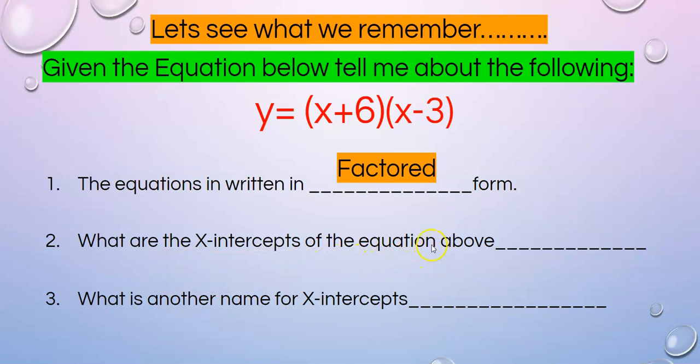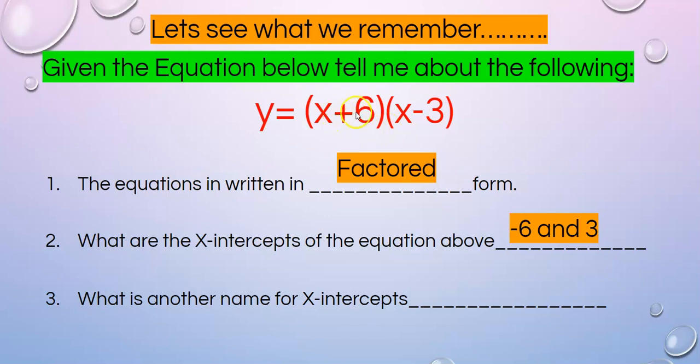All right, yesterday we learned that if an equation is written in factored form, then we can very easily identify the x-intercepts. So if I look at this equation, I can very easily notice that my x-intercepts are -6 and 3. Basically, if I were to graph this, this is where this quadratic function would cross the x-axis.